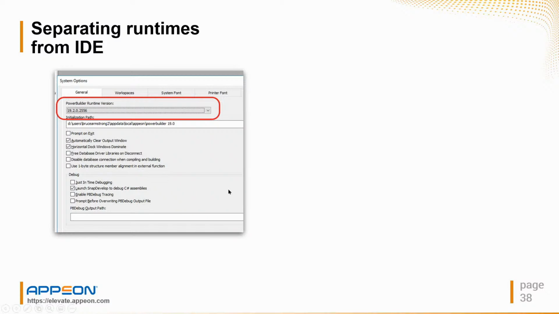I'm sure you've all faced the situation in which there's some new release of runtime out there, and maybe you've got 10 applications, and you've got a bug in one of those applications where you need some fix that's in that new runtime. The problem is that if you take your PowerBuilder IDE and you migrate it to that new version, anytime you do a compile from then on, it will be on that new version.